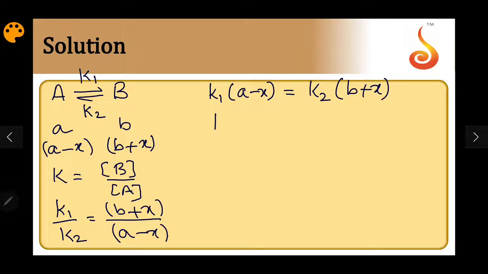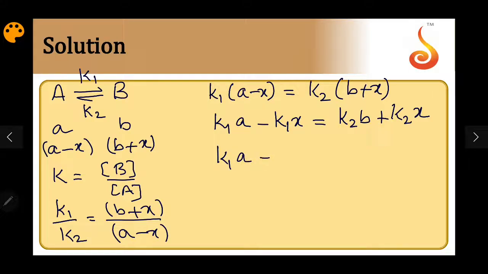So I multiply: K1a minus K1x is equal to K2b plus K2x. I'll take the terms containing x together. So K1a minus K2b is equal to x, and I can write this as K1 plus K2.